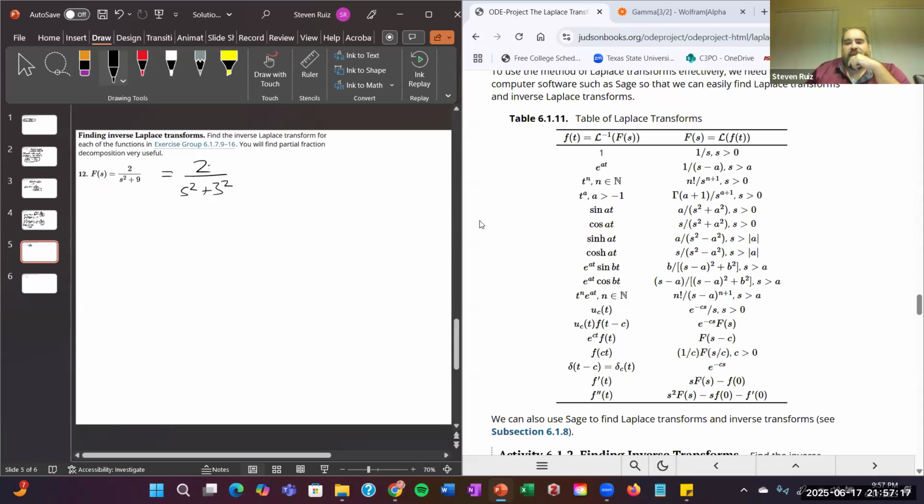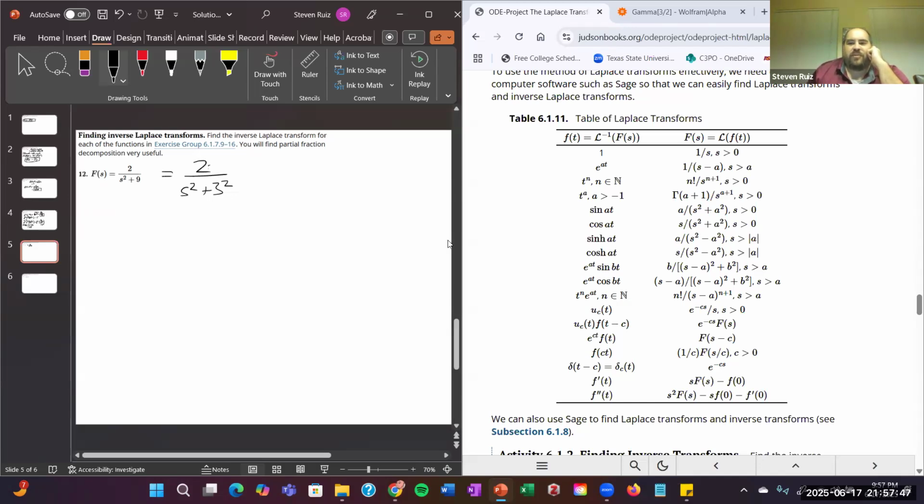Now we see lots of things that look like that, but which one do I actually want? Well, the sinh and cosh, those are differences, so I don't have those. So it's either going to be sine or cosine. How do I decide between sine or cosine? The numerator in sine is a constant a, and the numerator in cosine is the variable s. So I'm looking at a sine.